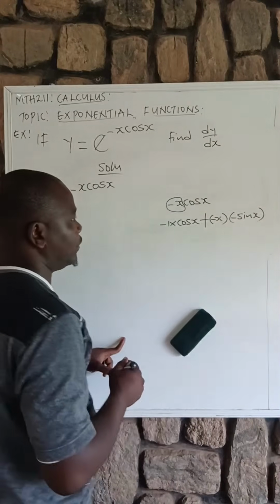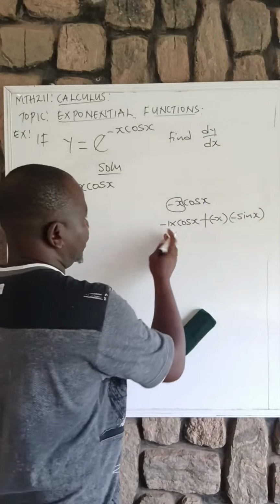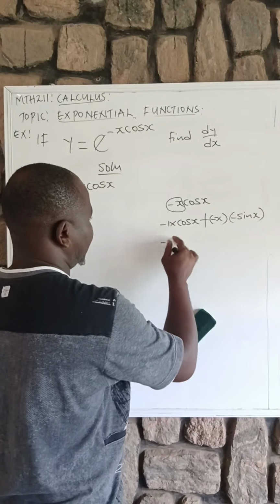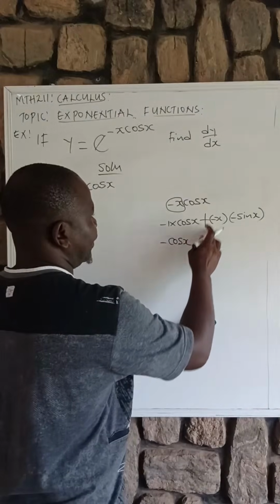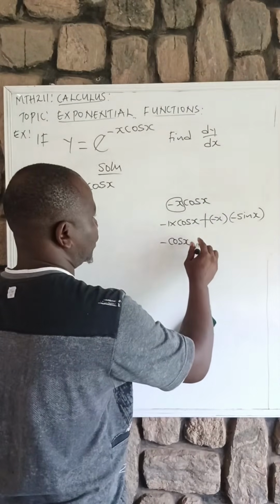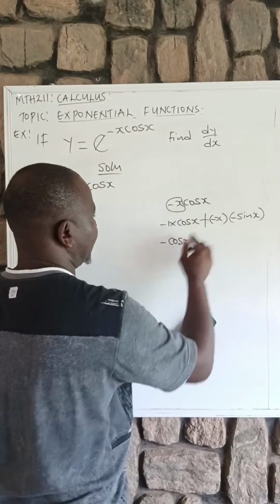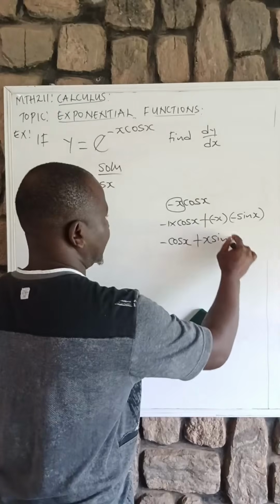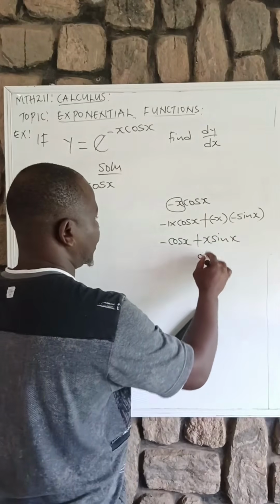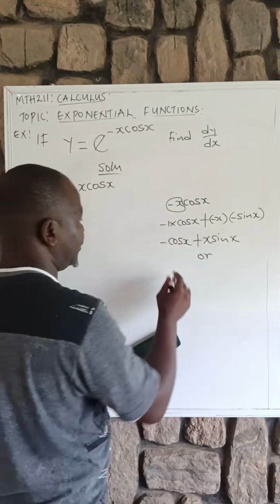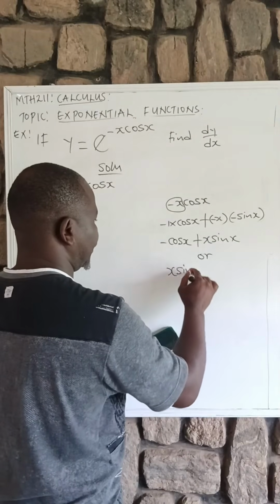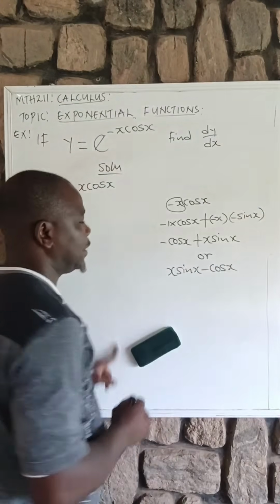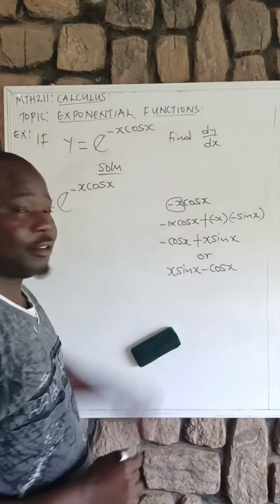I know some of you are confused. So this minus 1 times cos x is minus cos x, then minus times minus is plus, so x sine x. We can rewrite this in this form: x sine x minus cos x.